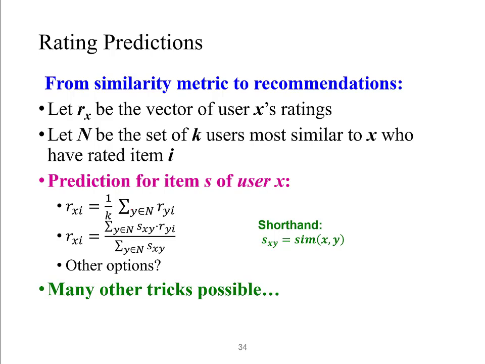And also we can take the similarity between user X and user Y into consideration, and use this similarity as a weight. So it's kind of like a weighted average of the ratings of item I from the users in N. Right?